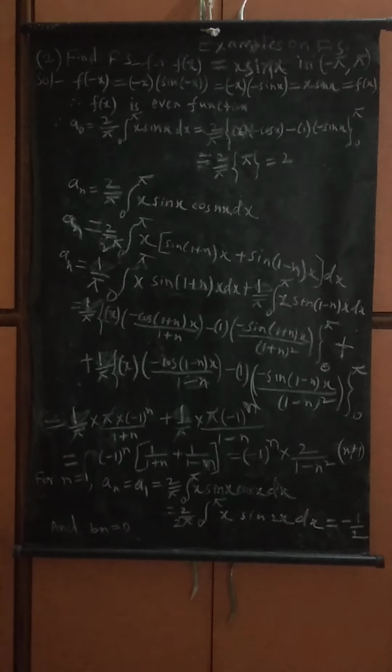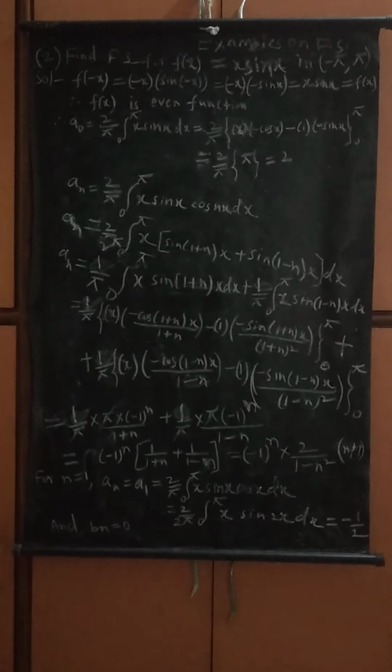Using all these results, we are getting an as 1 upon pi into minus 1 raised to n divided by 1 plus n, plus 1 upon pi into minus 1 raised to n divided by 1 minus n. Pi gets cancelled for both the terms.